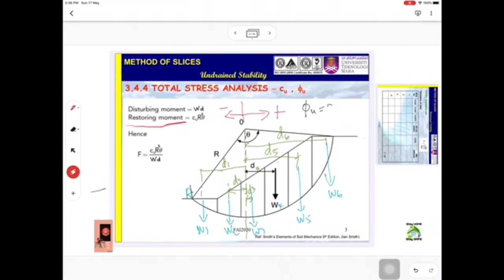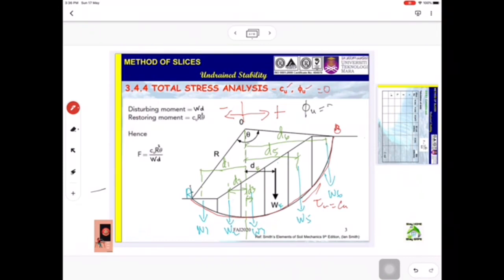Restoring moment means the resistance along this outline AB. Along this outline AB, there's a shear strength. The shear strength is equal to Cu, because phi u is equal to 0.